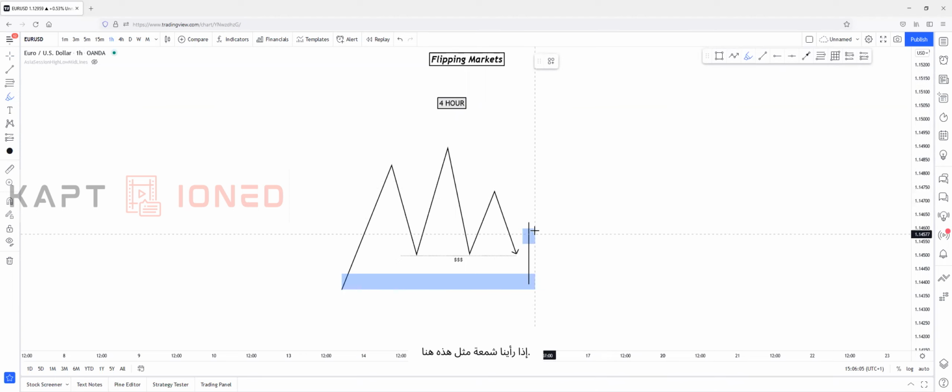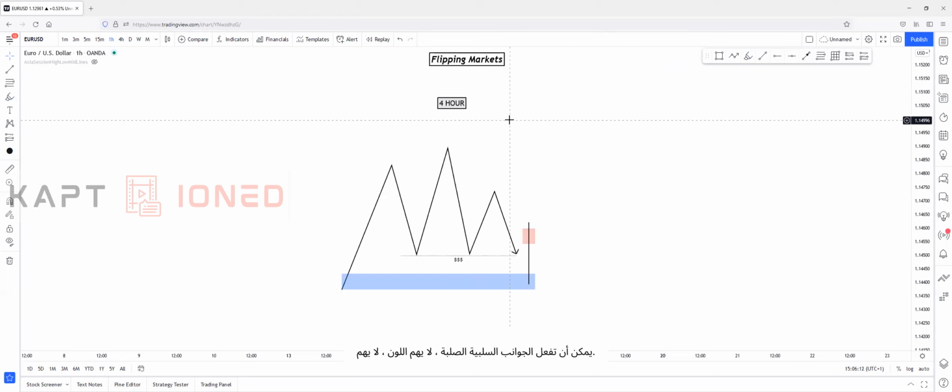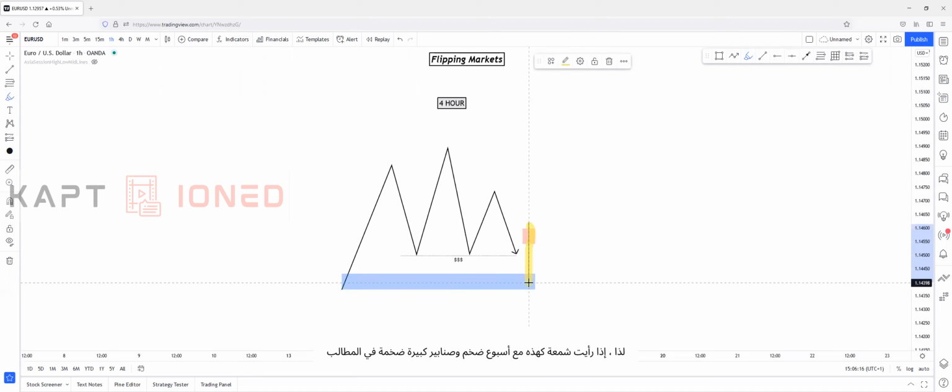If we see a candle like this here, it can also be a red candle, a solid downside candle. It doesn't matter, the color doesn't matter. So if we see a candle like this with a huge wick, and the huge wick taps into a demand zone, or it doesn't have to tap into a demand zone, it just has to sweep the liquidity, then you can easily know that it's just a liquidity sweep and not a change of character.